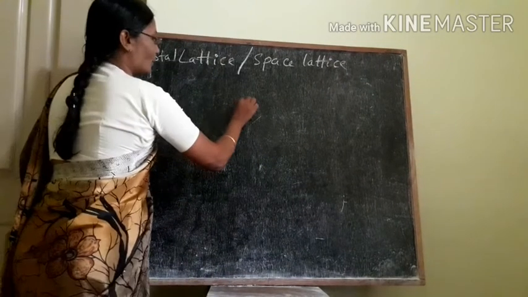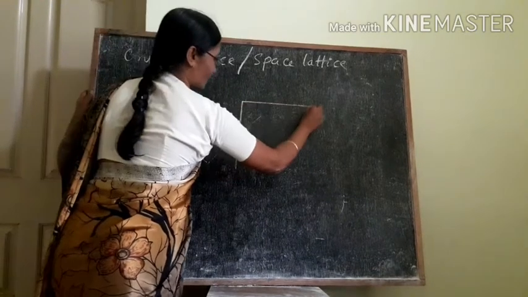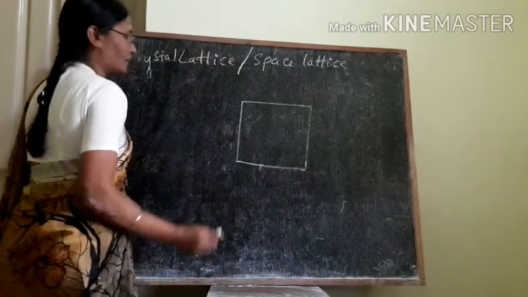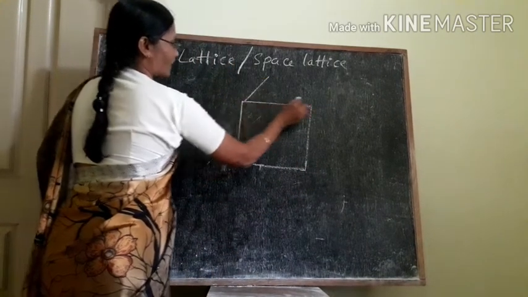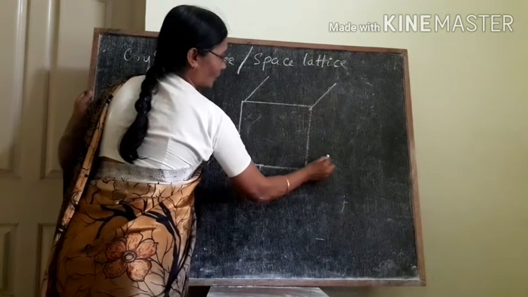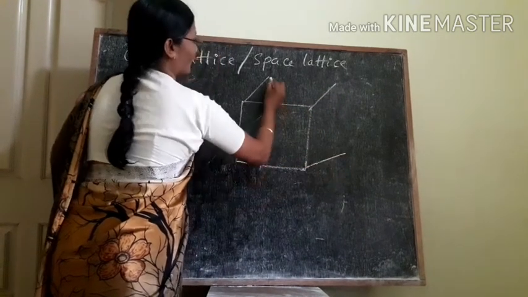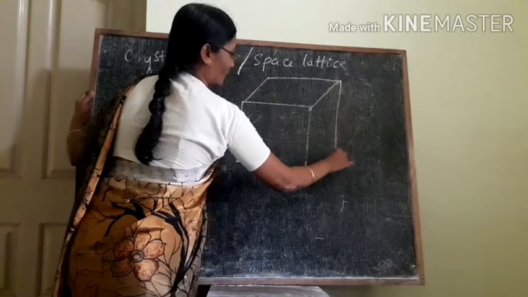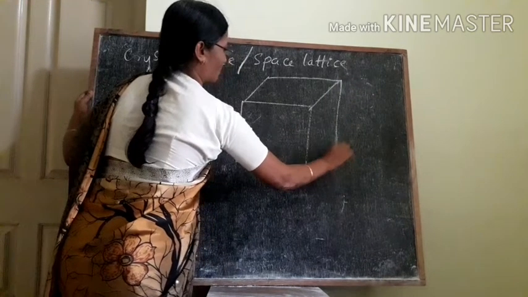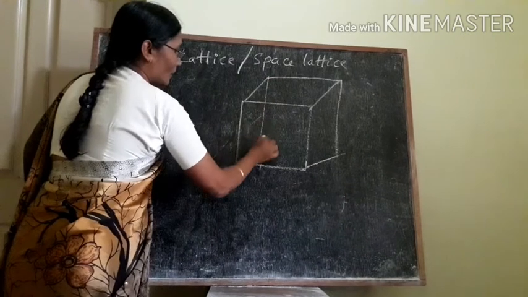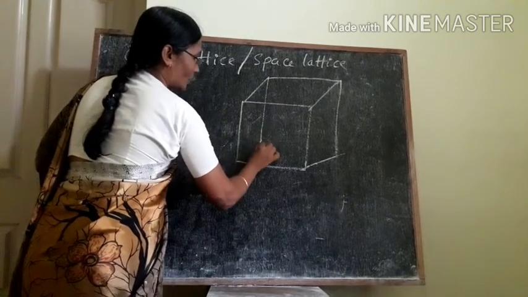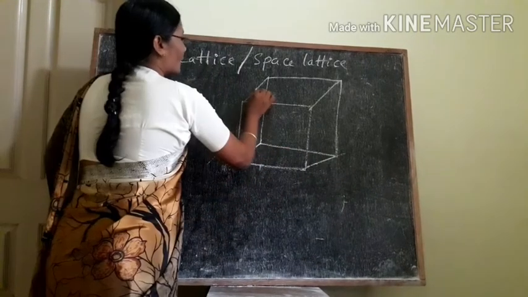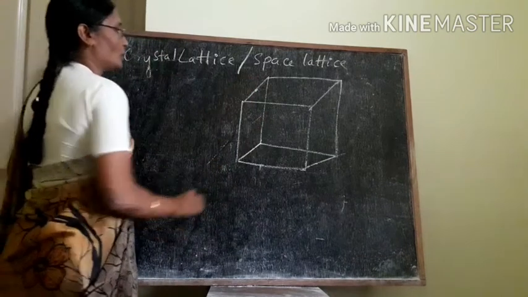It can be denoted by one diagram, but it is not asked in any of the examination. Just for understanding purpose, we will draw this diagram of a solid. How the crystal lattice is represented. Now I will take, this is a cube.